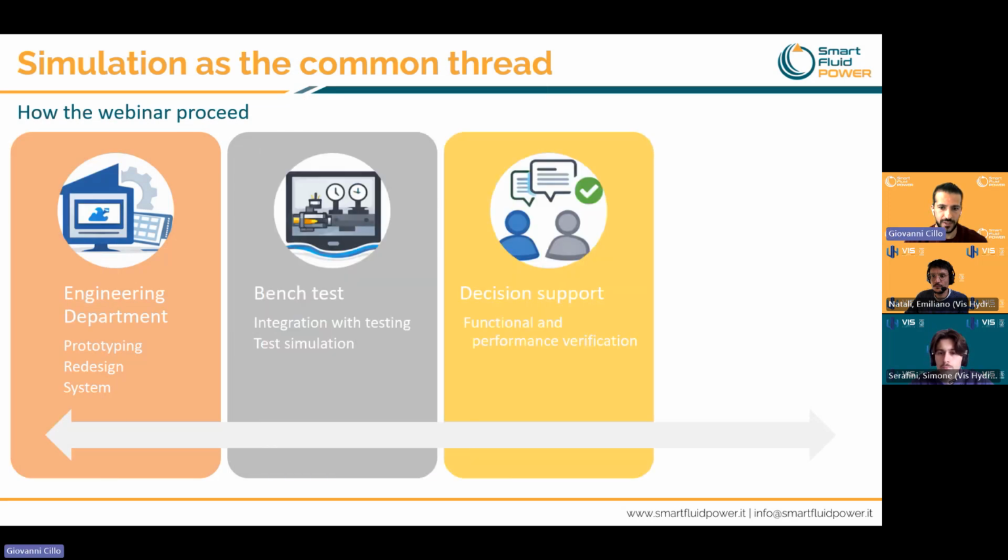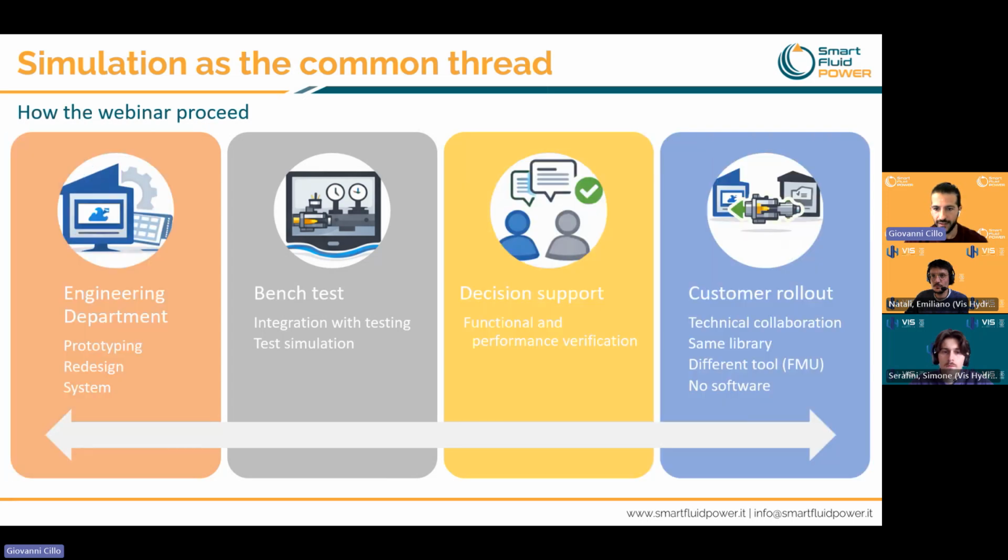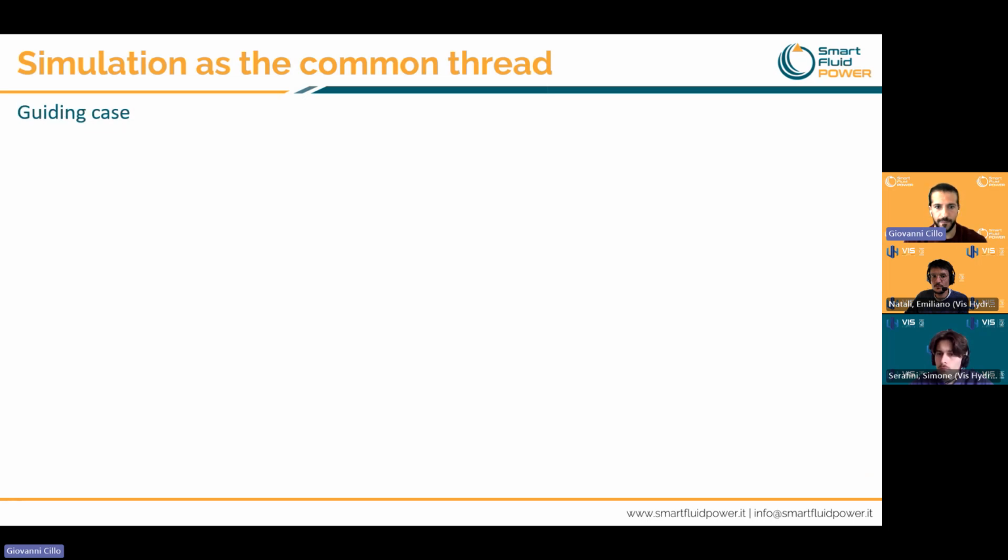Then we look at customer support, showing how simulation can be used to perform functional and performance checks. And finally, extending the model to the customer, that is, showing how models can be shared and used externally in different scenarios. So we follow the same common thread across all of these phases.